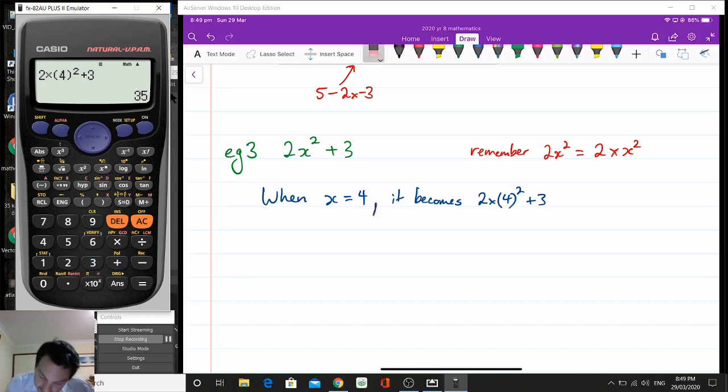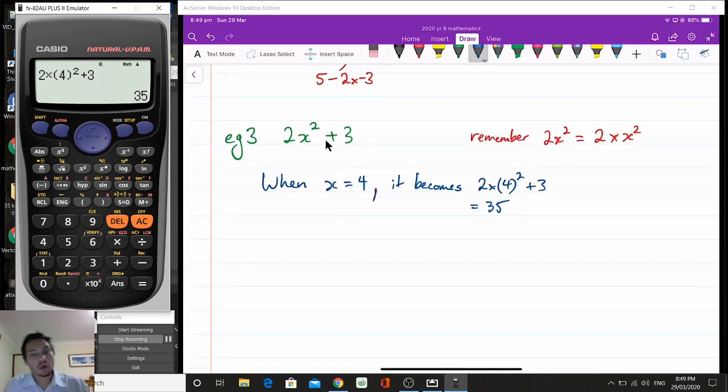Okay, so it becomes 35. What about if you're substituting a negative number in? So when x is equal to negative, say negative 5. When x equals negative 5.